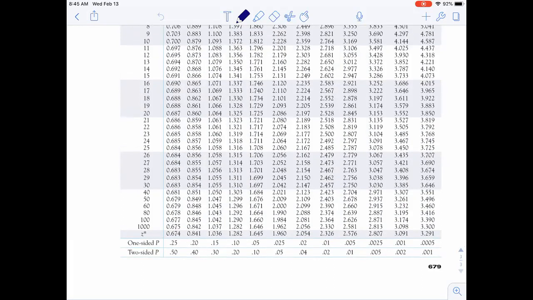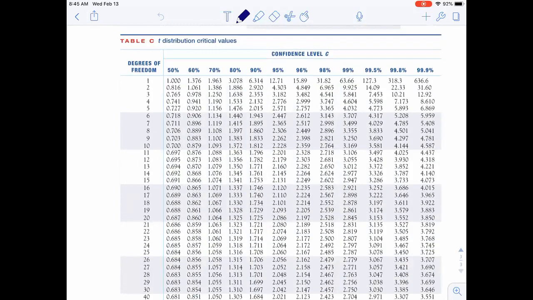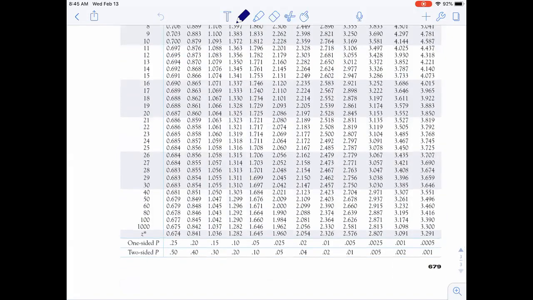And what you can do, if you want the Z's that capture the central 90%, then you can just follow it down, and you find the Z of 1.645, which sounds reasonable, right? Because we always find ourselves between 1.64 and 1.65.